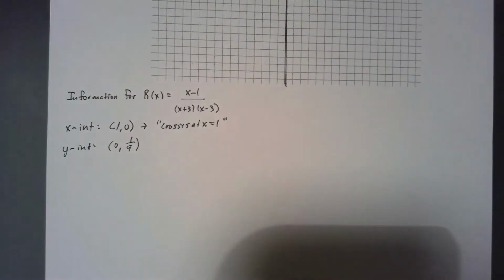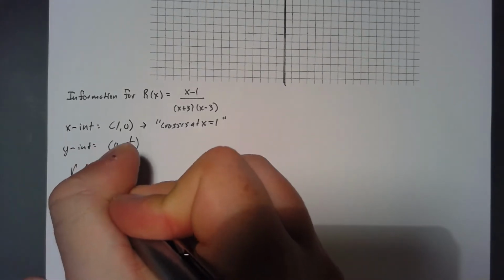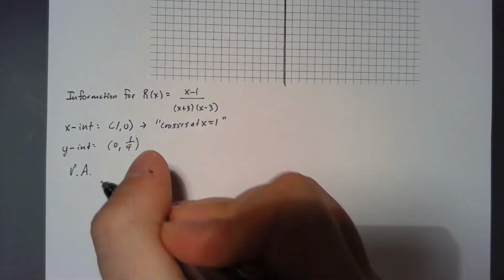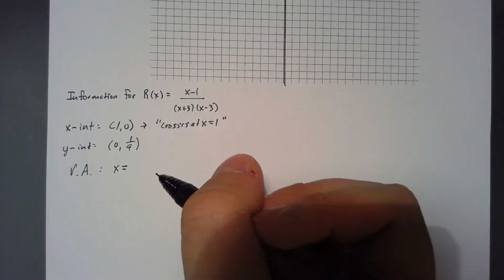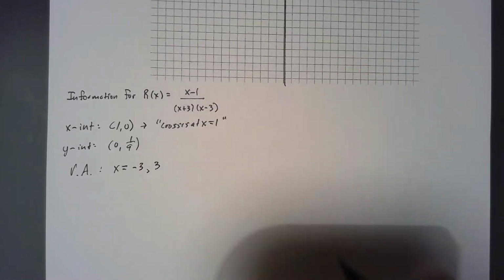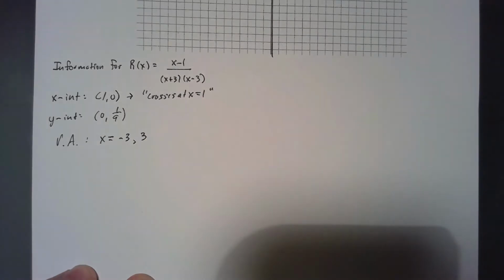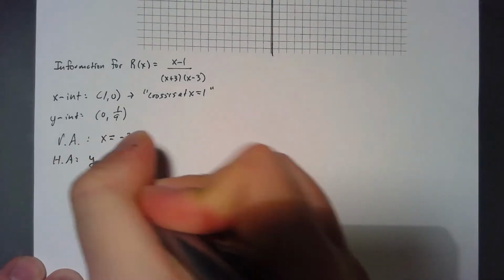There is no multiplicity test for a y-intercept. That always crosses. The vertical asymptotes are the lines x equals -3 and +3. We did the multiplicity for, well, the horizontal asymptote is the line y equals 0.